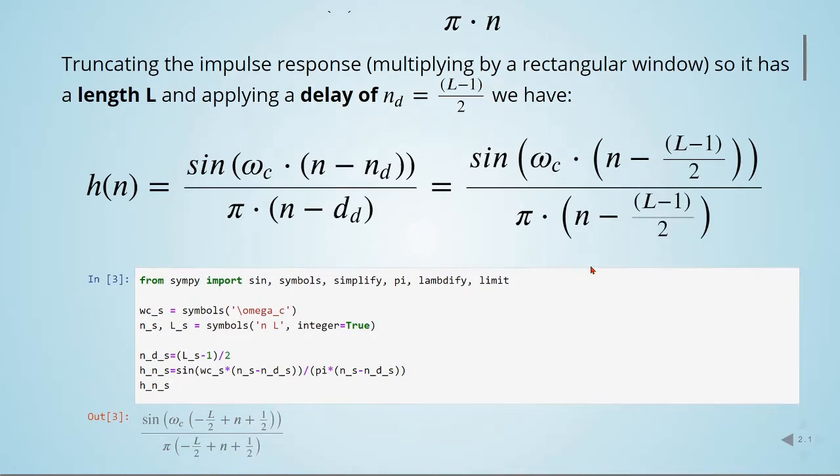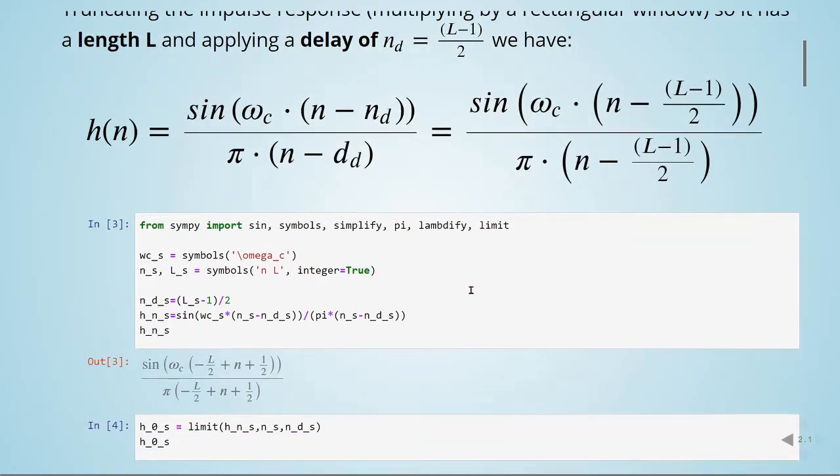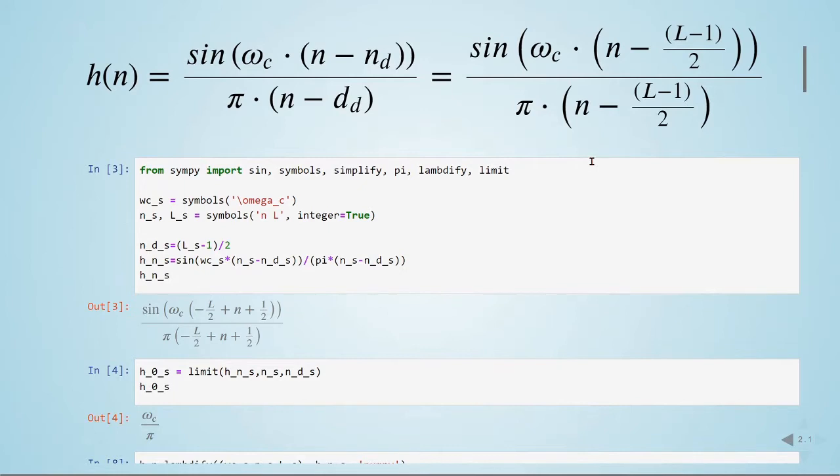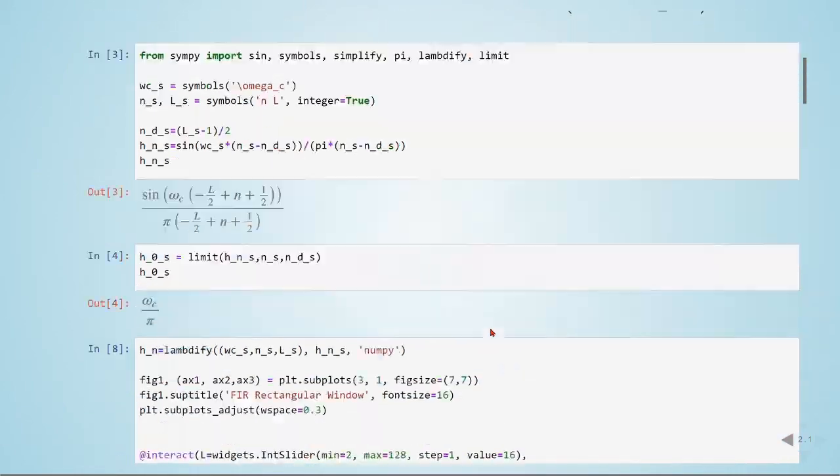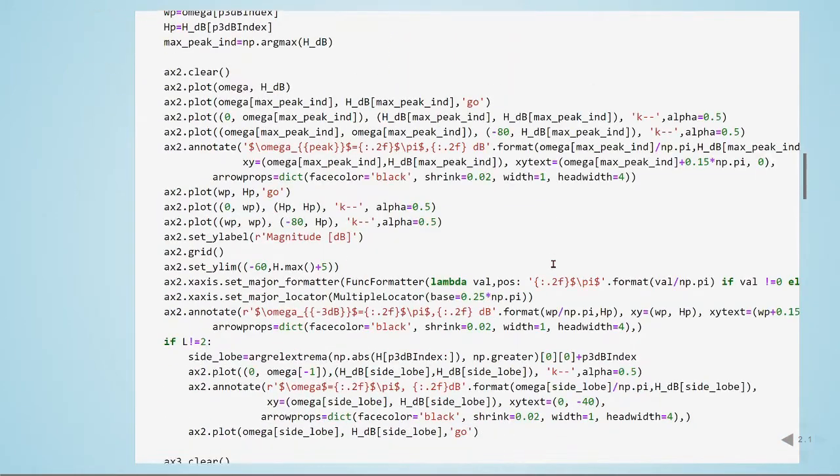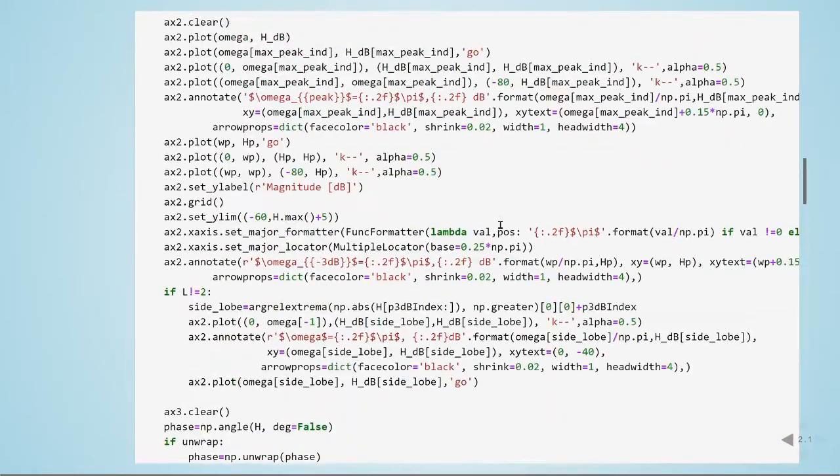This would go to 0, so we need to take the limit and we need to find out the value for when n is equal to L minus 1 divided by 2, and this is what we are doing here.